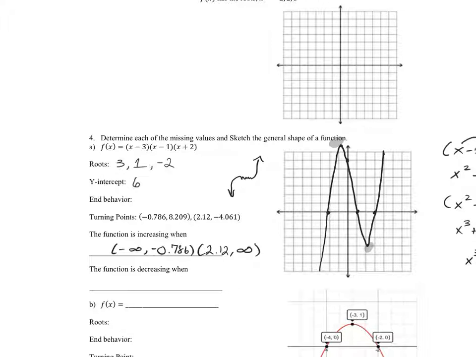So that's when the function is increasing. The next thing the problem asks us to do is, when is the function decreasing? So let's look at the graph once more. We're looking from left to right. The function starts to decrease once again. We're going to look over here. It starts to decrease at negative 0.786.